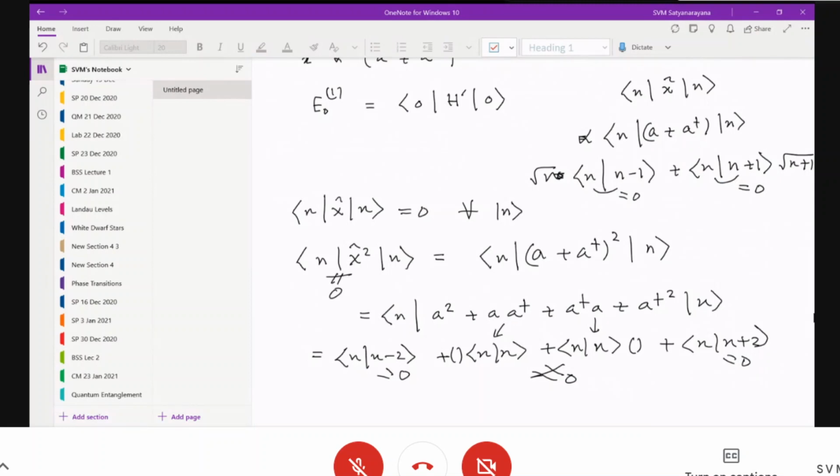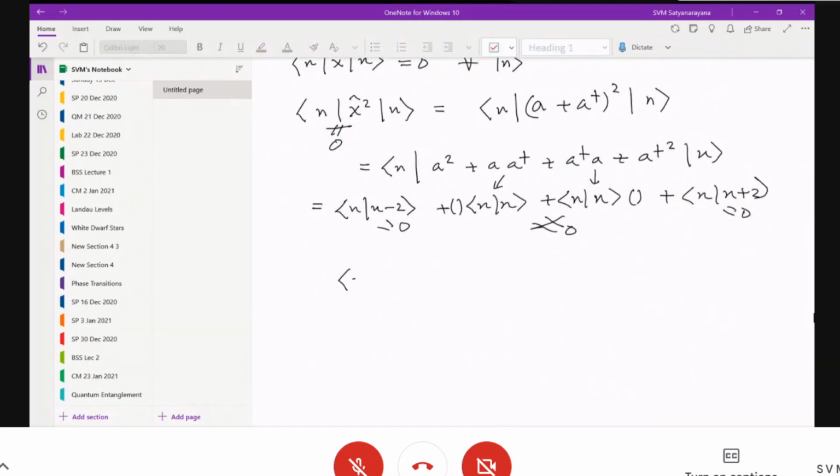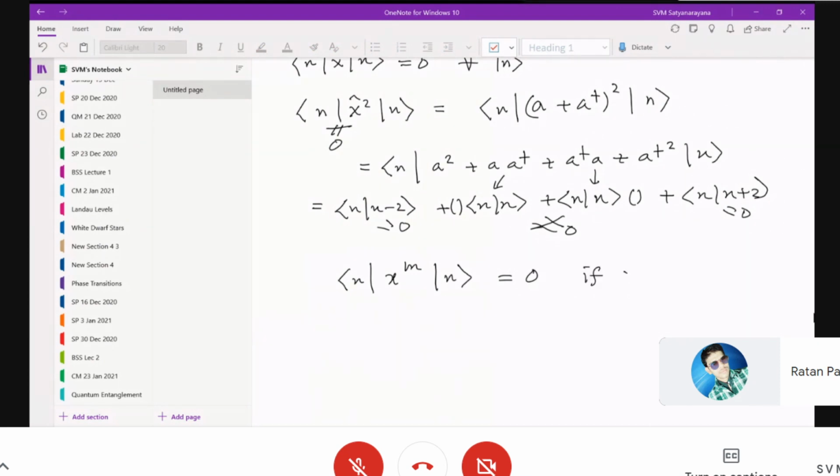Now you can argue that the expectation of x to the power m in state n is equal to 0 if m is odd. Same argument, because if it is odd, you are going one rising, one lowering, like that it will not work out.